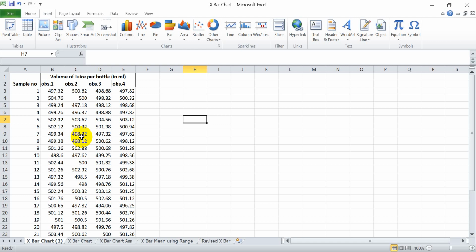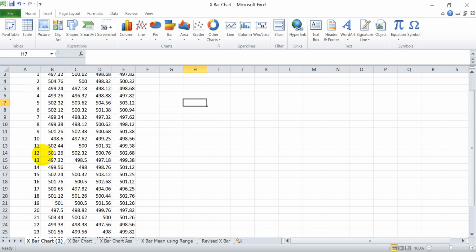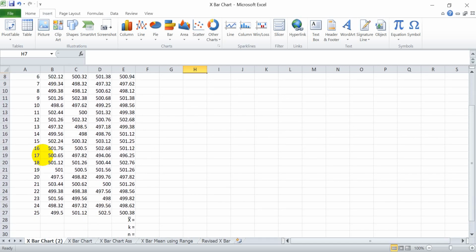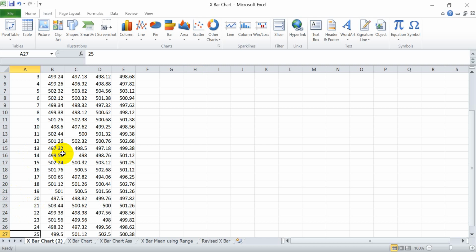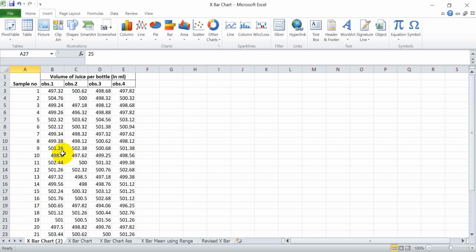They hired a quality control inspector, and he collected 25 samples, each of 4 observations: observation 1, observation 2, observation 3, and observation 4. We took these observations at different times and measured the volume of each bottle filled. These are the measurements in ml, written over here.